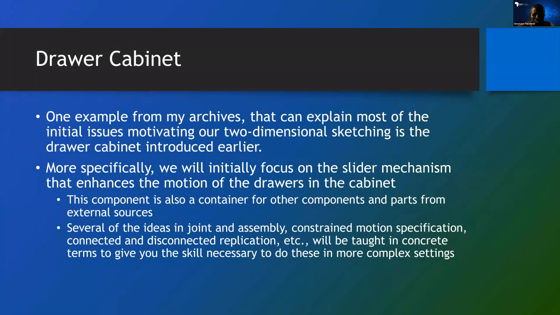After we have taught this in concrete terms, we'll go back to theory again, because once you understand what we are talking about, it is easy to base more theory on the concrete example that you are very familiar with, that you can actually create on your own. You can work on it and you can produce it. Once you can produce it using the tools in Fusion 360 and you have gained some expertise, then I will be ready to talk more theory.